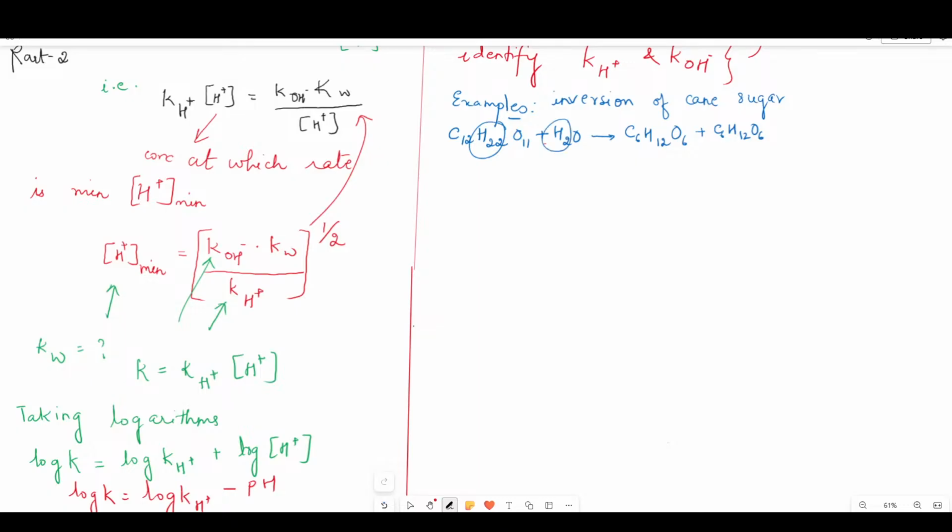This type of catalysis is termed as specific hydrogen ion catalysis.